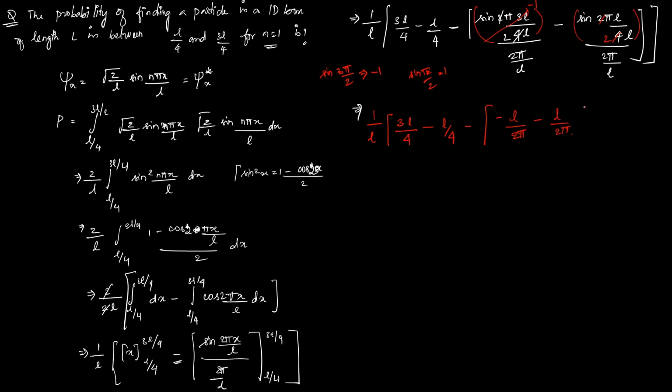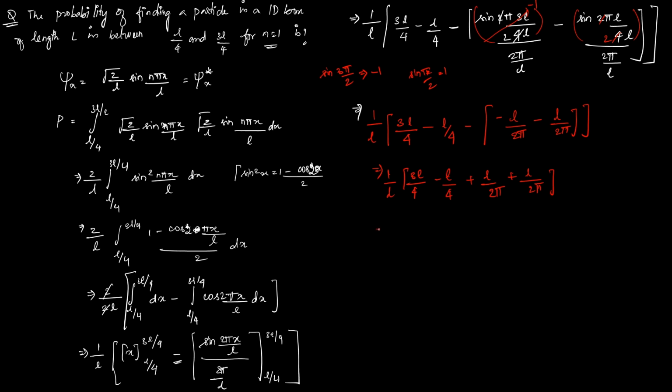So if you take this bracket out, so if you substitute, this is going to be 1 by L, 3L by 4 minus L by 4 plus L by 2π, and again it's going to be plus L by 2π.